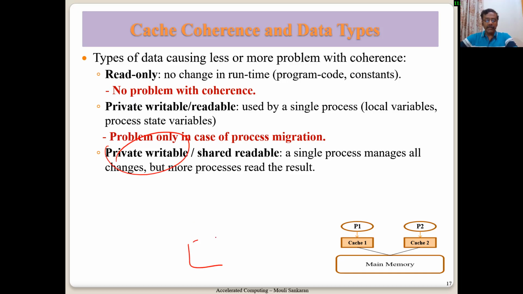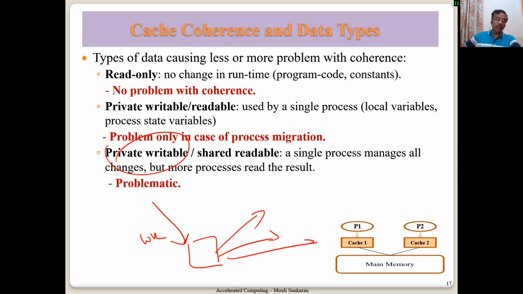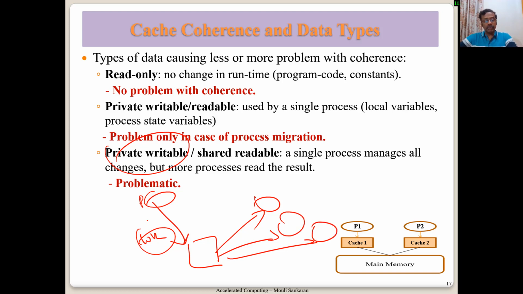Suppose your parents or your friend is crediting some money into your account; unless you see the changes happening, you will not even get that money from the account, right? So even with one person writing, it should be reflected to multiple people reading from it. They will not get the updated value if it is not taken care of. And the most problematic state is where multiple people are writing and reading from the same location or same block of data. This is the most problematic.